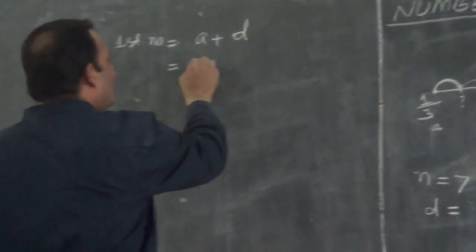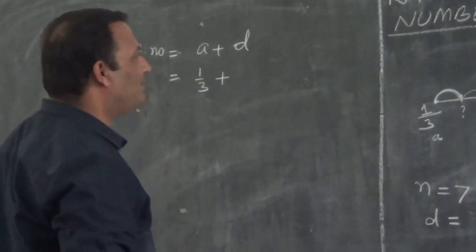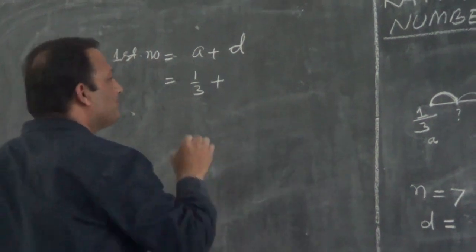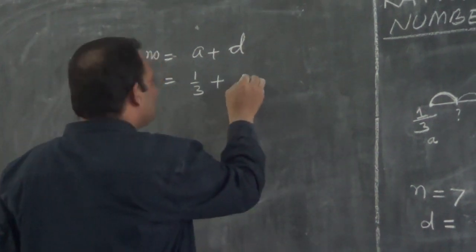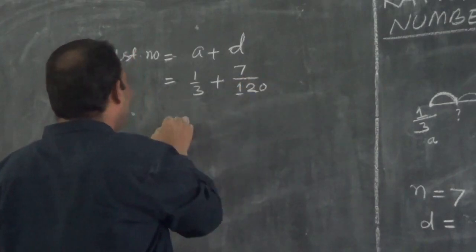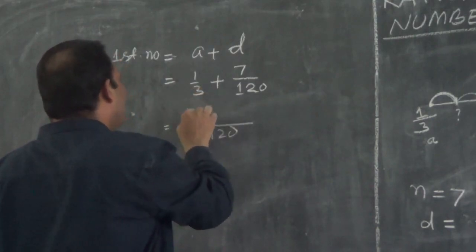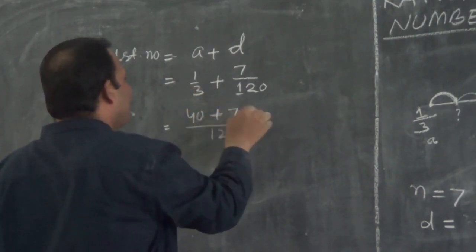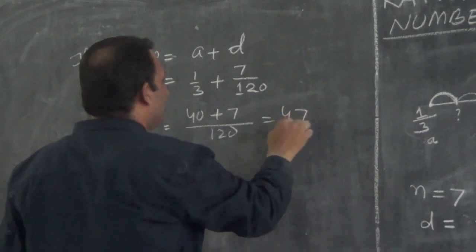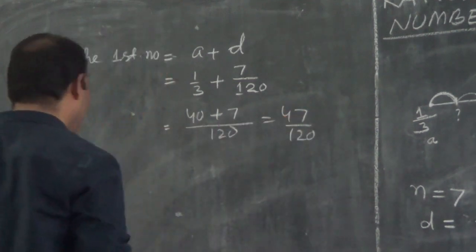So that is 1 by 3 plus d, equal to 1 by 3 plus 7 by 120. The LCM is 120. 40 plus 7, 47 by 120. So the first number we got.